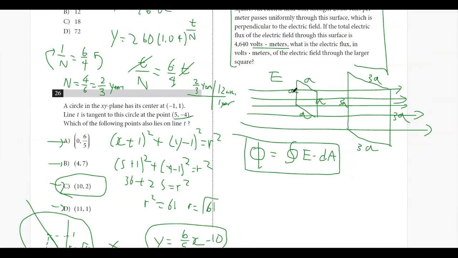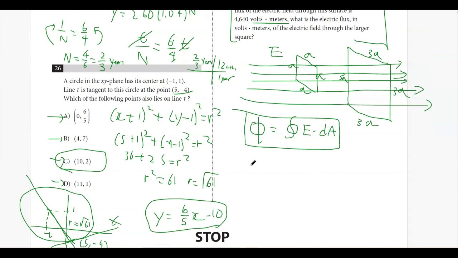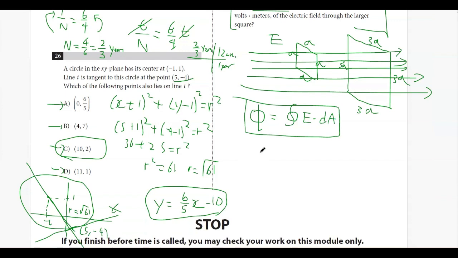So we have two of these squares, and we have a uniform electric field. We're going to have to add up the fluxes. So phi is equal to phi small plus phi large, and this is equal to E A small plus E A large.